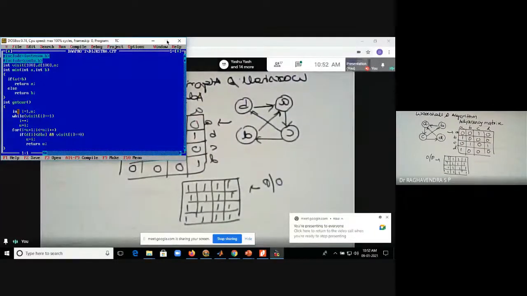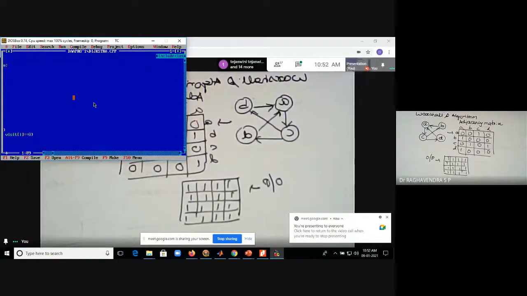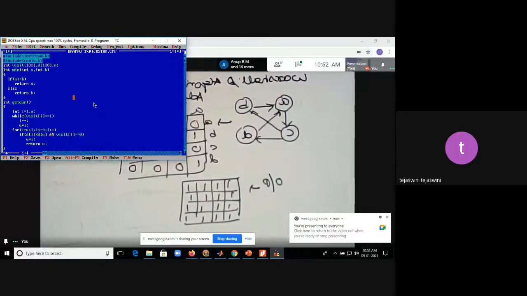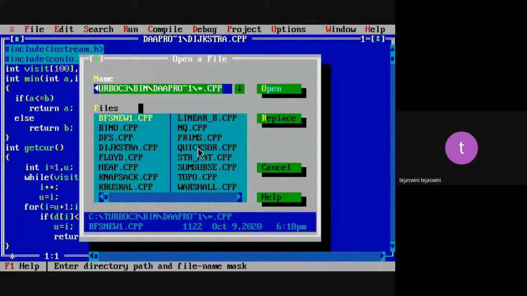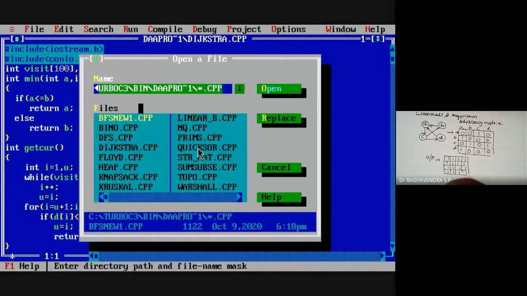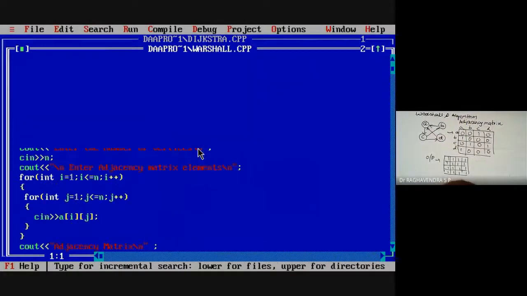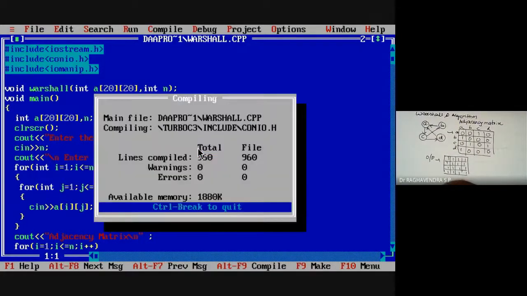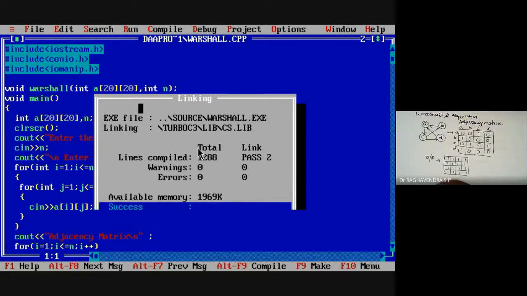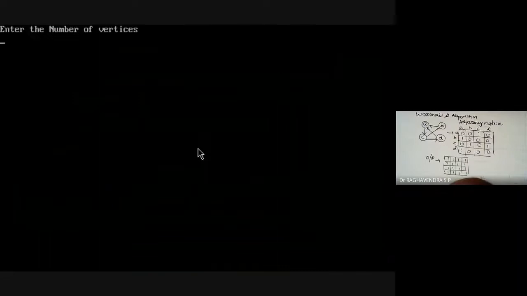Okay, I hope this screen is visible for all of you, the Turbo screen. Visible, sir. So it is Warshall's algorithm. I'm going to execute this now. So I'm going to give the adjacency matrix now.